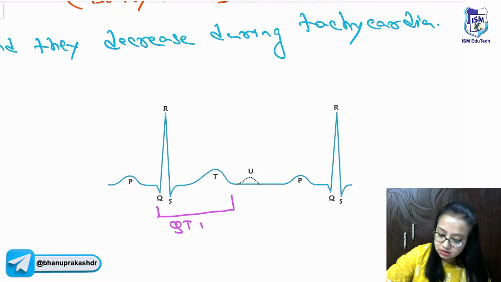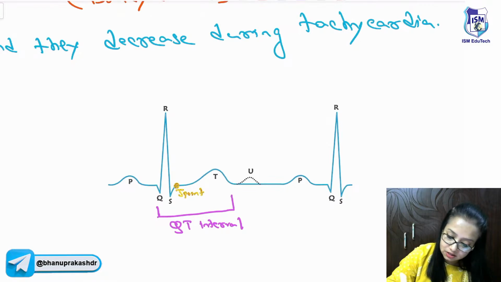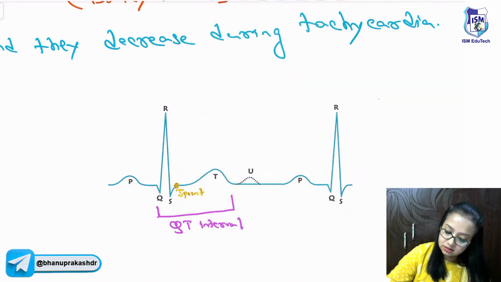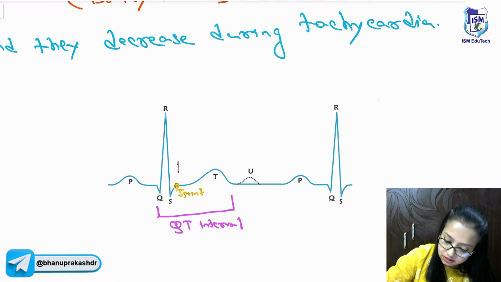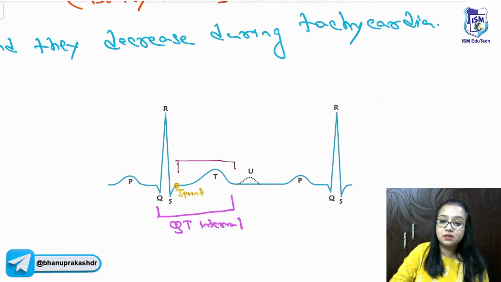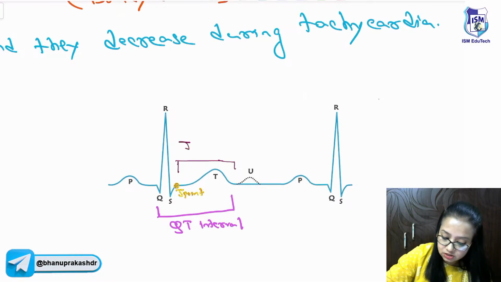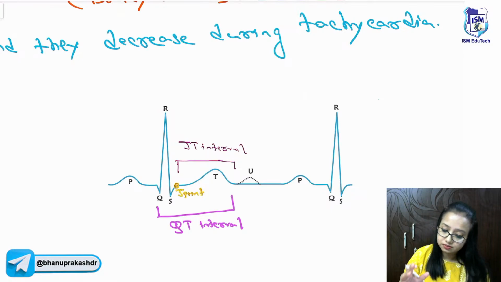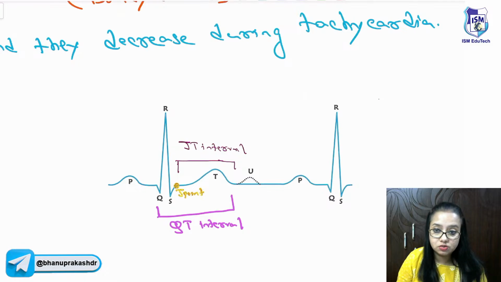This is QT interval. And JT, J is the reference point. The J point is the reference point. And JT is the time from the J point till the T wave gets completed. So this is the JT interval, and both are important because they signify the repolarization of the ventricular muscle.